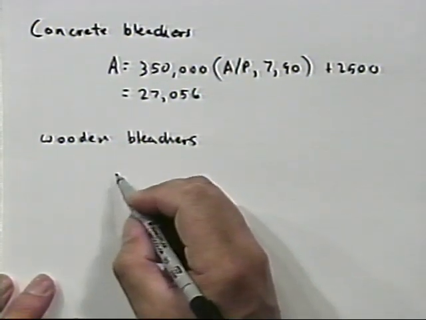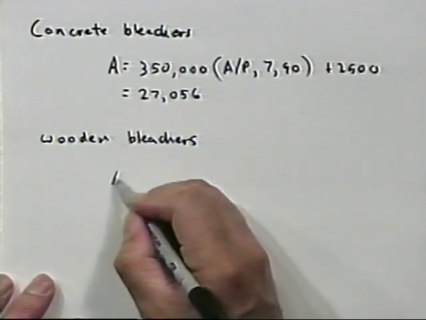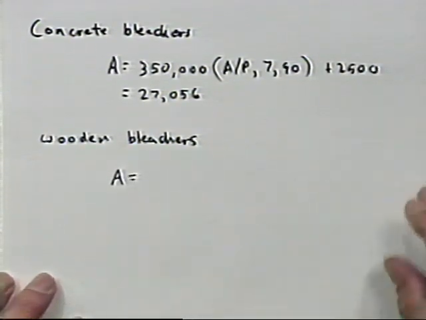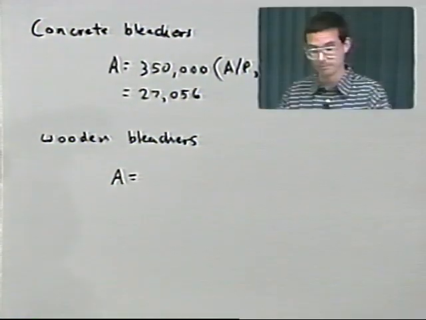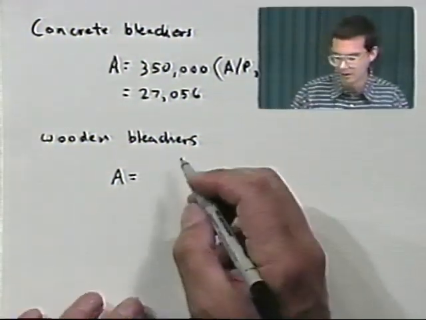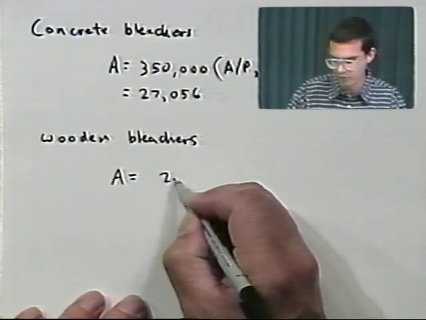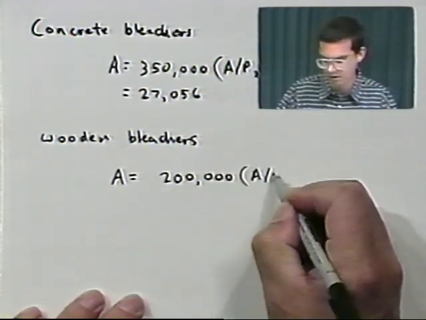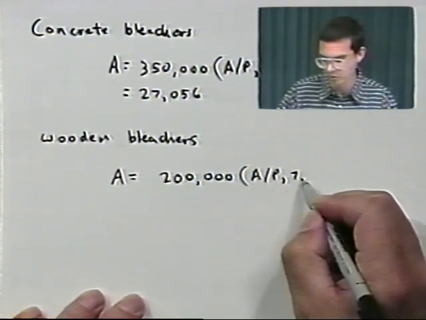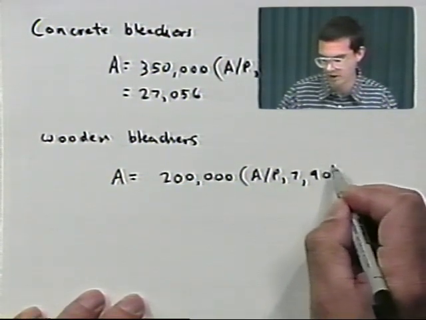For the wooden bleachers, we've got several components to the calculation, because we've got the earth fill, we've got the original bleachers that are part of the first costs, and then we've got every 30 years more bleachers. So we can take our first cost of $200,000 and bring it to present worth over the 90 years.